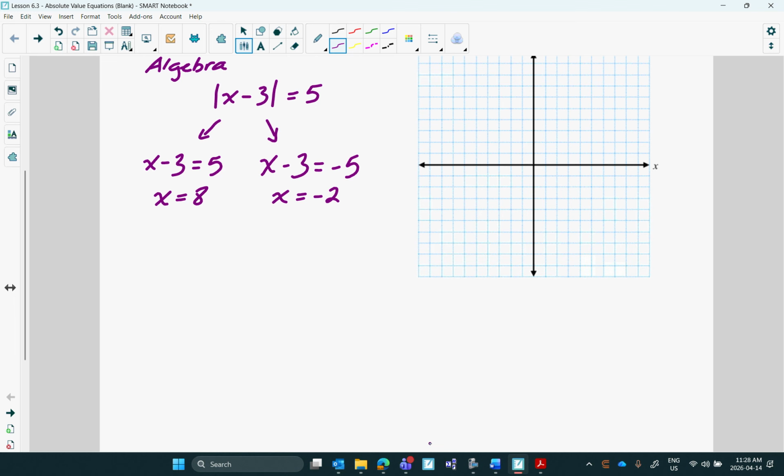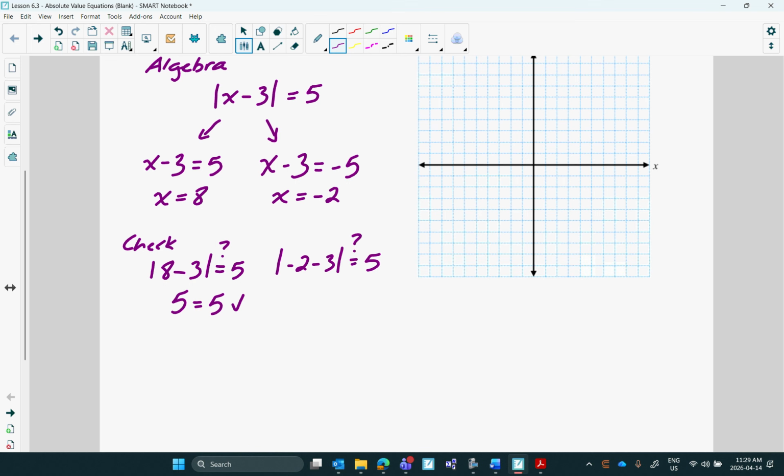So I do have to check. Does the absolute value of 8 minus 3 equal 5? That's pretty obvious. 8 minus 3 is 5, and its absolute value is 5. So that's good. We're good there. Does the absolute value of -2 minus 3 also equal 5?